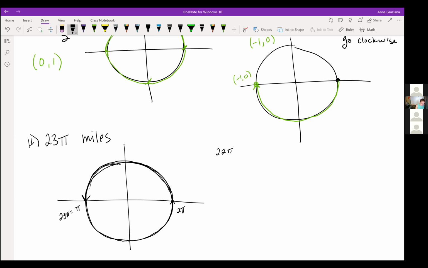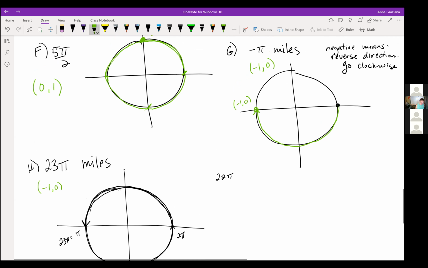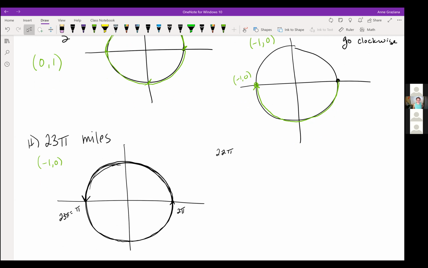So this would be also at -1, 0. Okay, so if you get ones like that, make sure you stop and think. I mean, you can count if you want to, but each rotation is 2 pi.